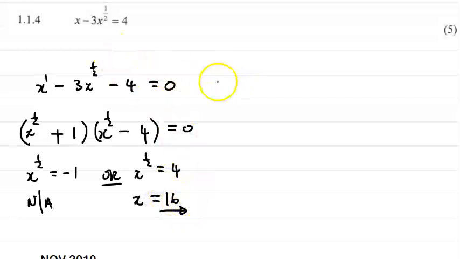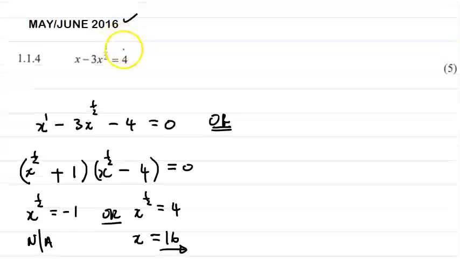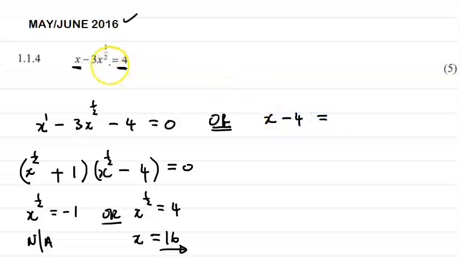Now there's another way that we could have done this particular problem. If we treated it as an equation with surds, for example, it will look as follows. It will be x. If I bring this 4 to the left hand side, it will be minus 4 equals minus 3x to the half, which becomes positive 3x to the half.